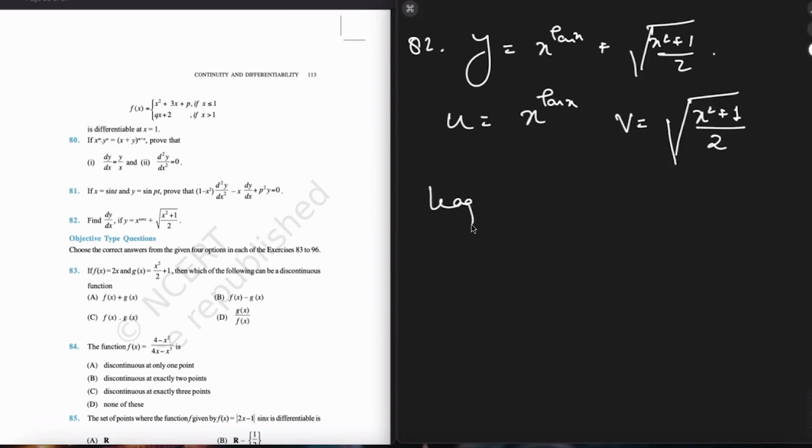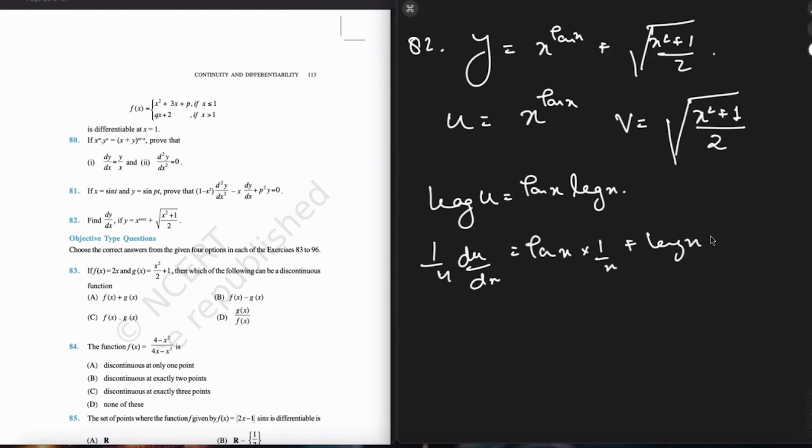So log of u will be tan x log of x. So 1 upon u du by dx will be equal to tan x into 1 upon x plus log x sec square x.